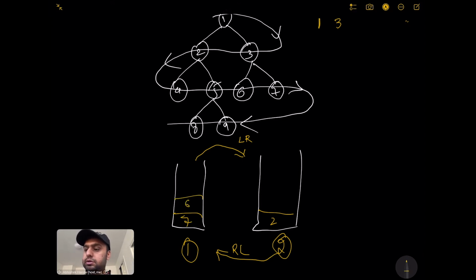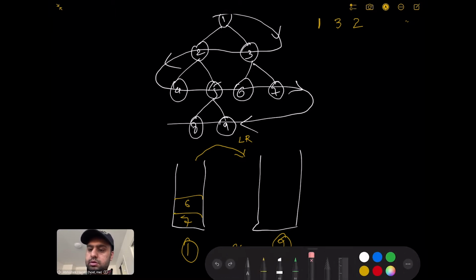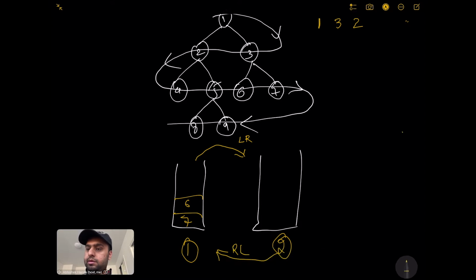Now the next turn is of 2, so I will iterate for 2. Let's do that quickly. So 2, and now the children of 2 in the order right first and then left, so it will be 5 and then it will be 4.